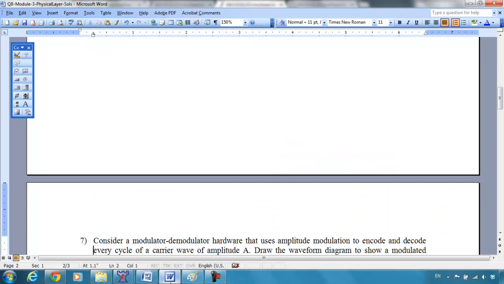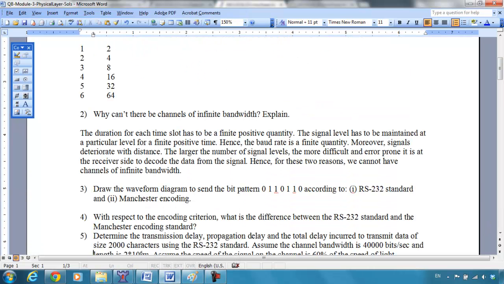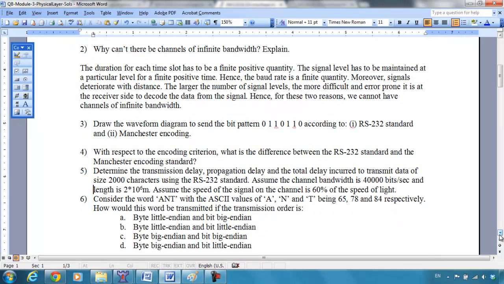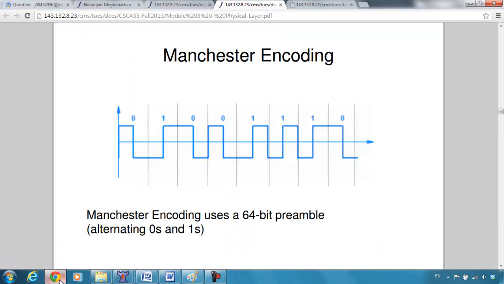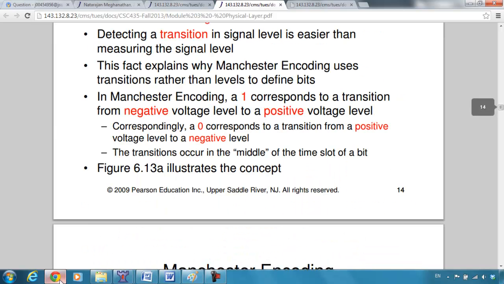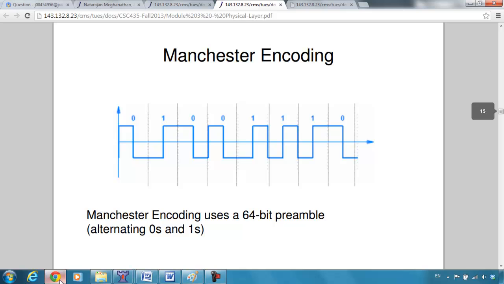With respect to the encoding criterion, what's the difference between the two standards? So the RS-232 standard uses the discrete voltage levels as the means of representing the encoding of bits, zeros and ones, whereas here we use a transition of the voltage level from one level to another level to encode bits 0 and 1.